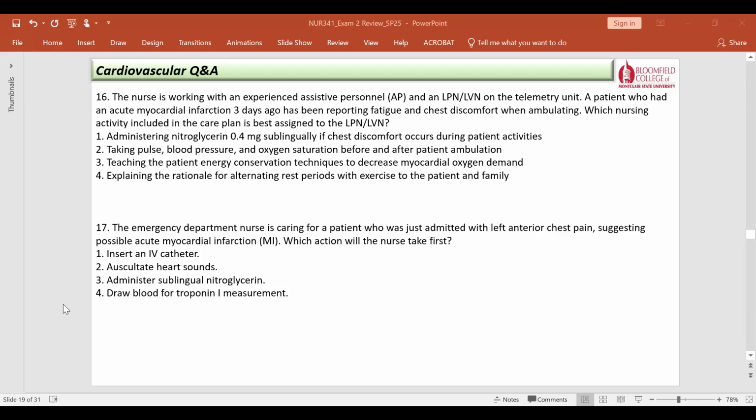The question says the emergency department nurse is caring for a patient who was just admitted. It did not say that the patient came with family, or with EMT, or with the ambulance. We don't have the context of the whole scenario. All we can deduce from the stem is a patient complaining of chest pain. Regardless of whether the patient has taken 1 or 2 or 3, we don't know. We don't have a clue.